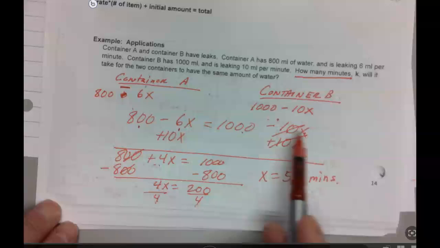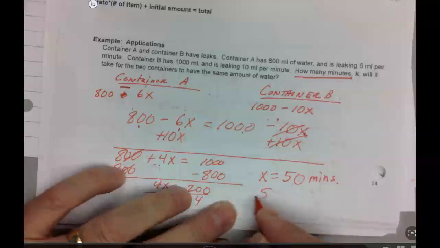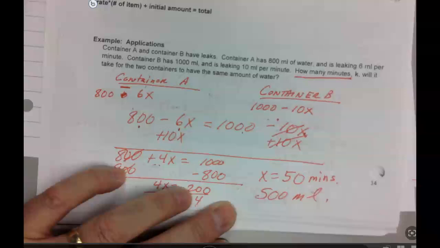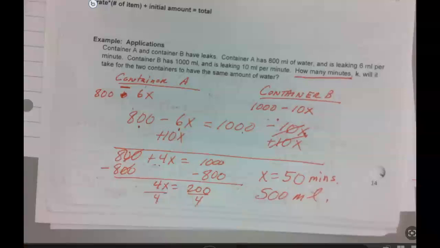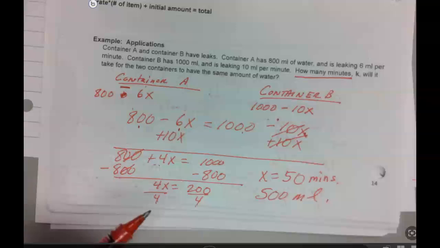What's 1,000 minus 500? So it works, doesn't it? So after 50 minutes, they're both going to have how many milliliters of water? 500 milliliters of water, correct? Agreed? Check. If I put 50 in there, what's 6 times 50? 300. What's 800 minus 300? 500. Does that make sense?